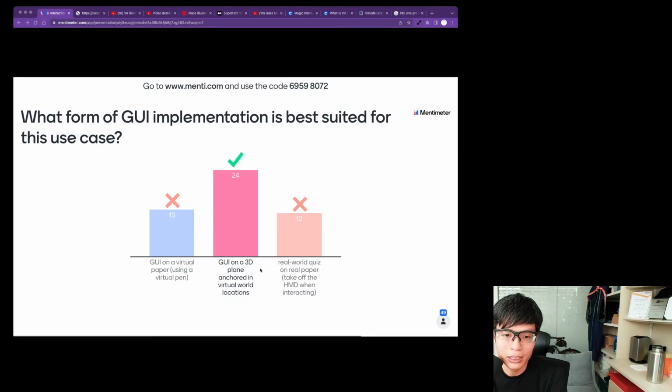So we certainly wouldn't want to put people through that pain, and it would be even more obtrusive in VR to do that quiz.